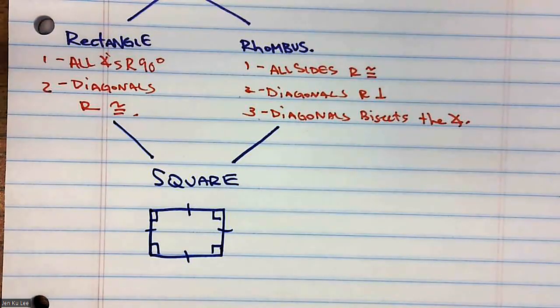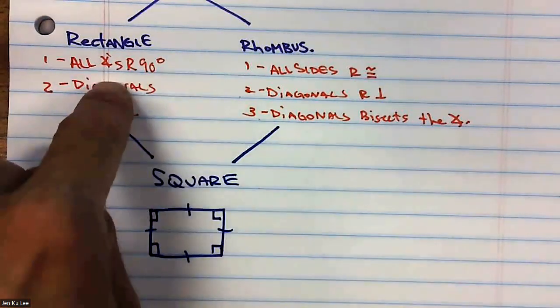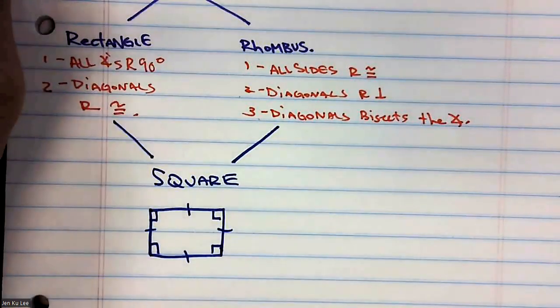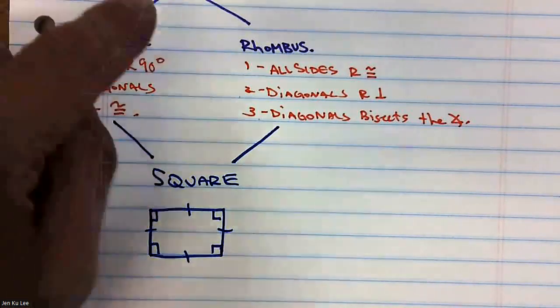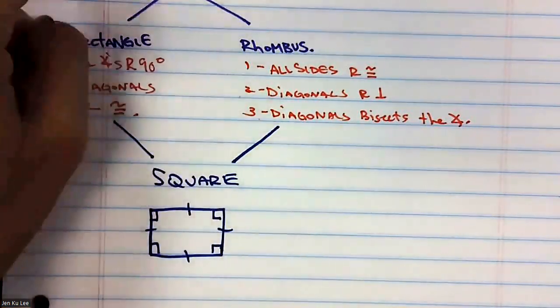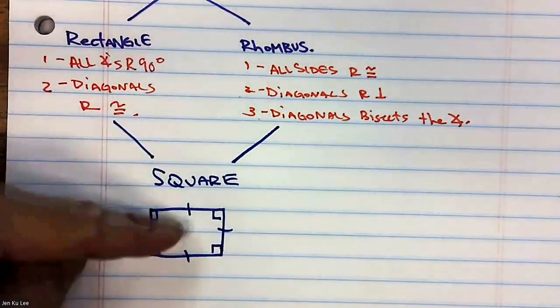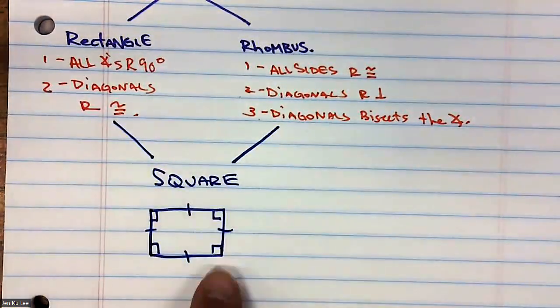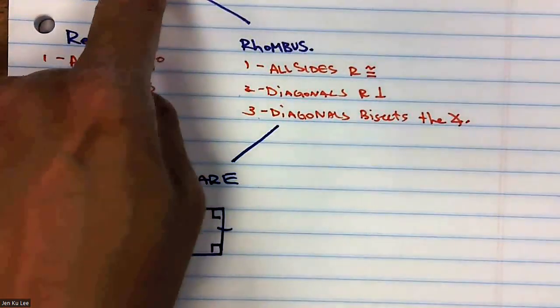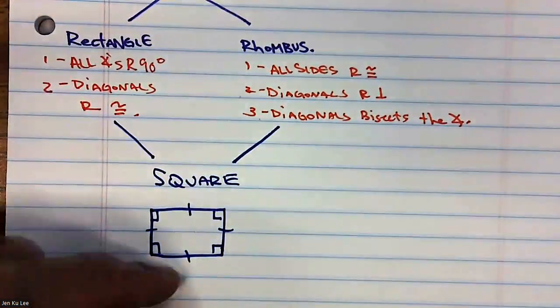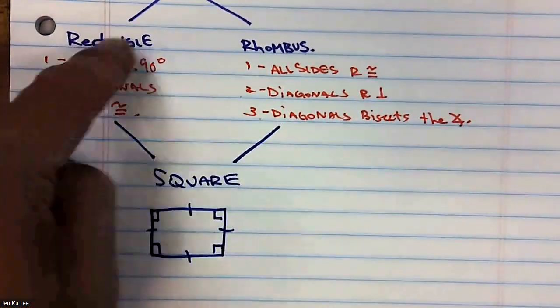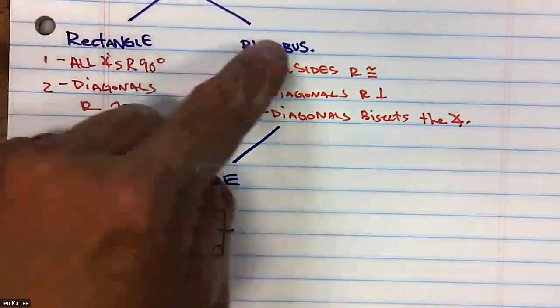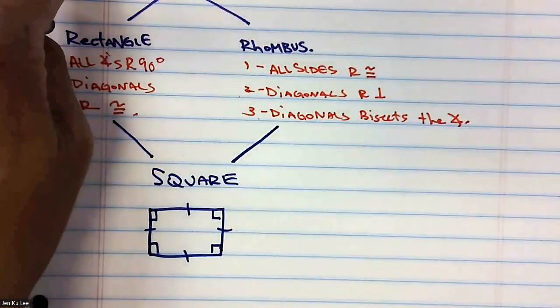All right, that's the list of all the special parallelograms. So all rectangles are parallelograms. Okay, all squares are parallelograms. All squares are rectangles. All squares are rhombuses. Notice as you go up the list, right? It's all. All squares are rectangles, rhombuses, and parallelograms. All rhombuses are parallelograms.